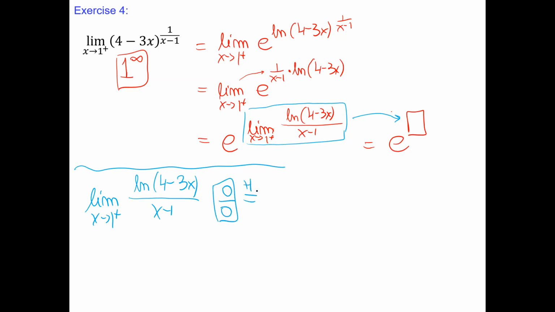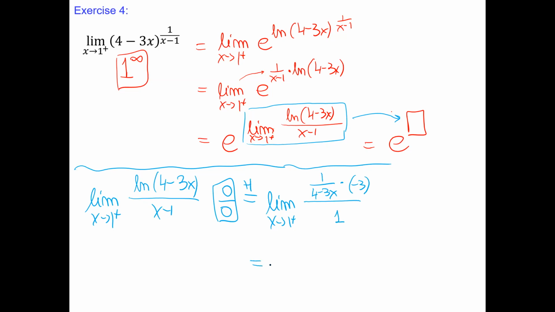Okay, we are ready to apply L'Hopital's rule. Derivative of the logarithmic function ln of the quantity 4 minus 3x is 1 over that quantity times the derivative of this quantity, which is negative 3. Derivative of the denominator is 1.